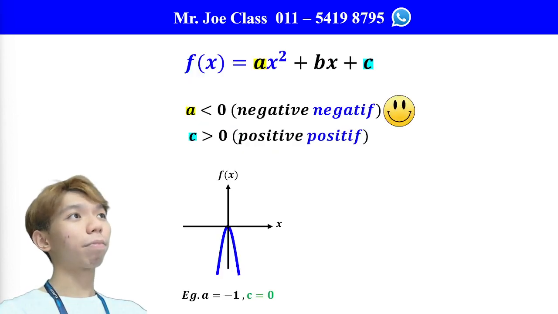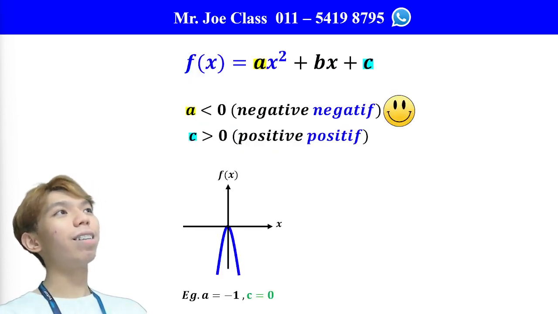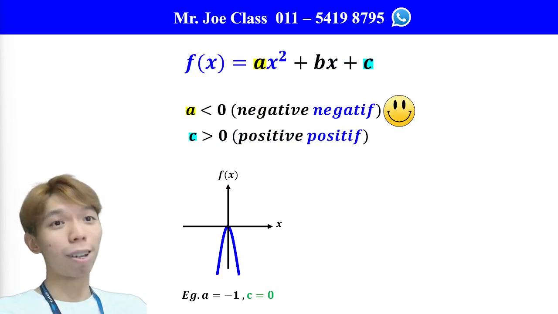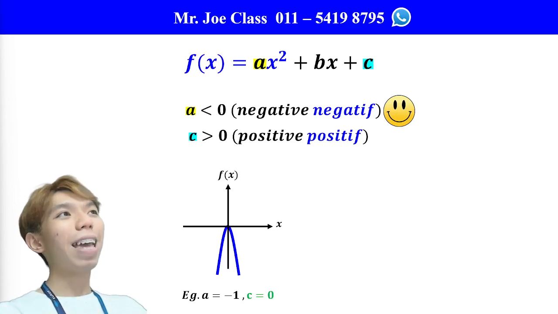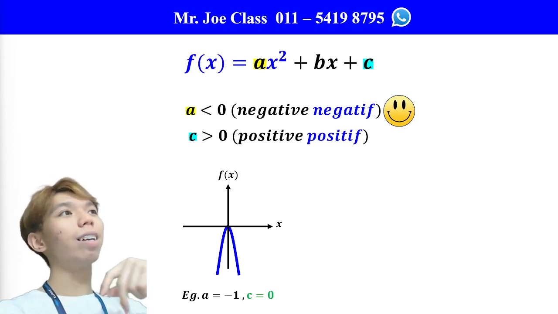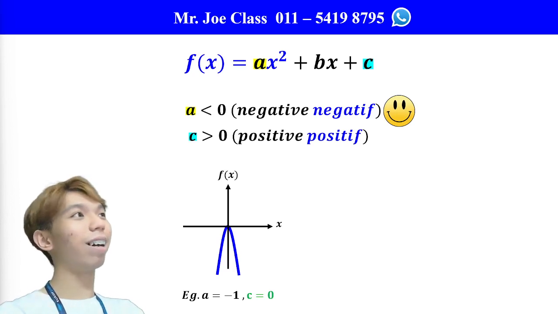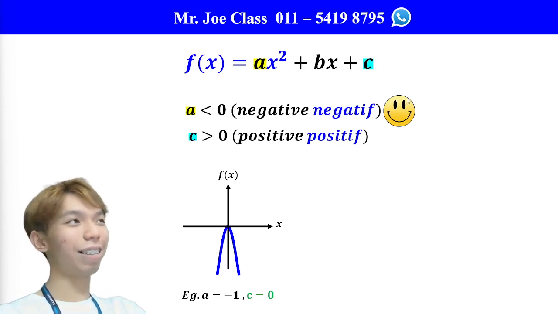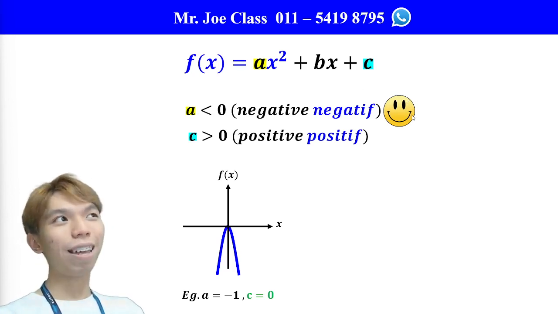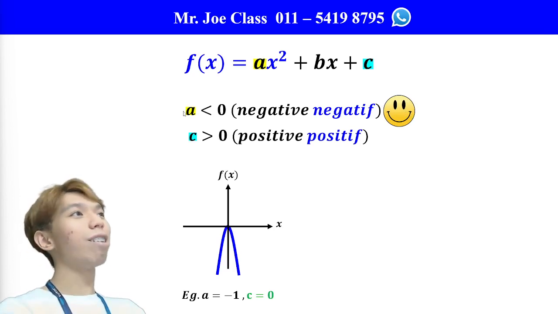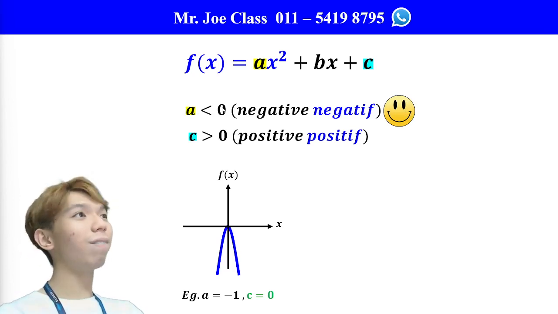Now, you are requested to describe the value of C when A is negative but C becomes positive. When A is negative, it is a sad face, not a smiley face, so this should be a sad face, so this is an error, this should be a sad face. And C is being positive.